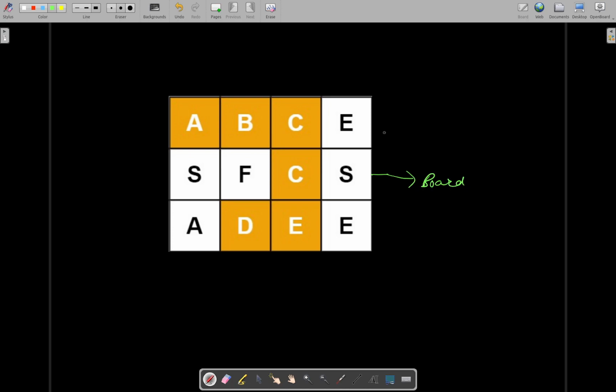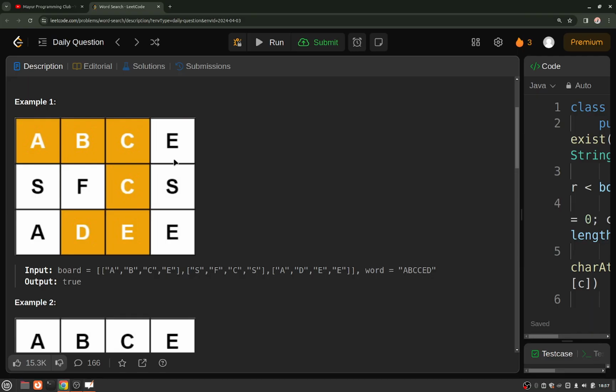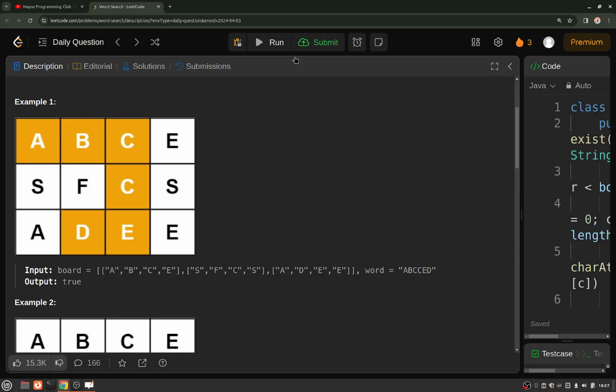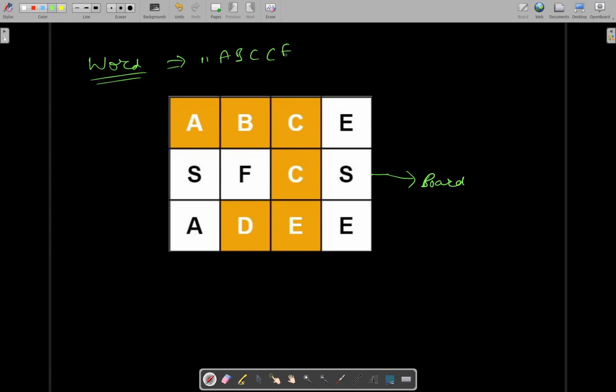Okay, and let's say the word that you have to find out whether it exists in this board or not is A B C C E D. So A B C C and then E and D.